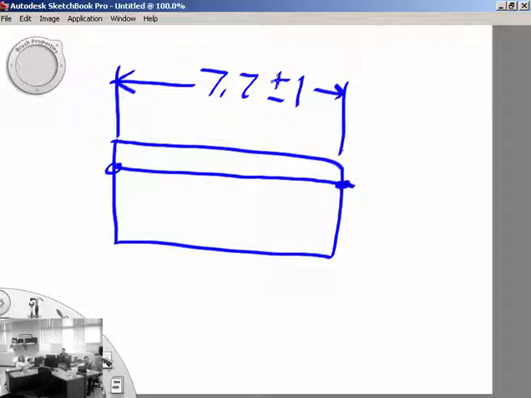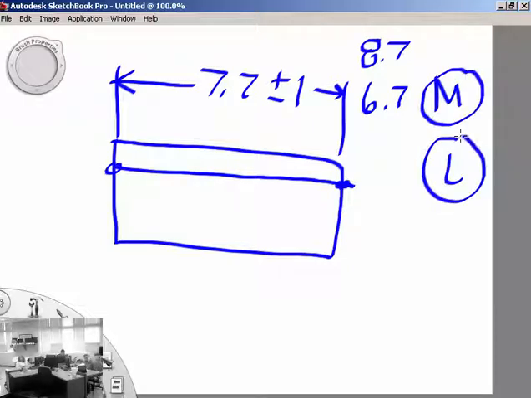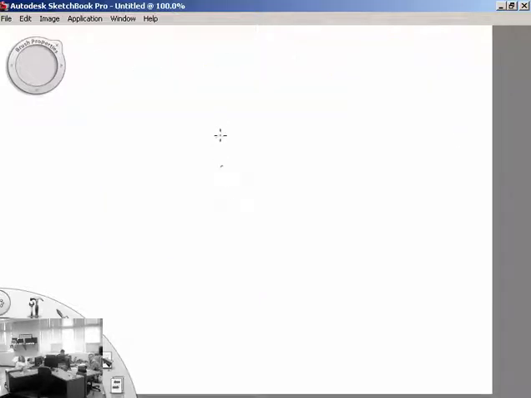So you have to make sure that it's either 8.7, no higher than that, or 6.7, no lower than that. You got to check every single one, right? Well, the good news about when you see this M or L in a circle, it gives you an out. It means you don't always have to check. Here's what happens.